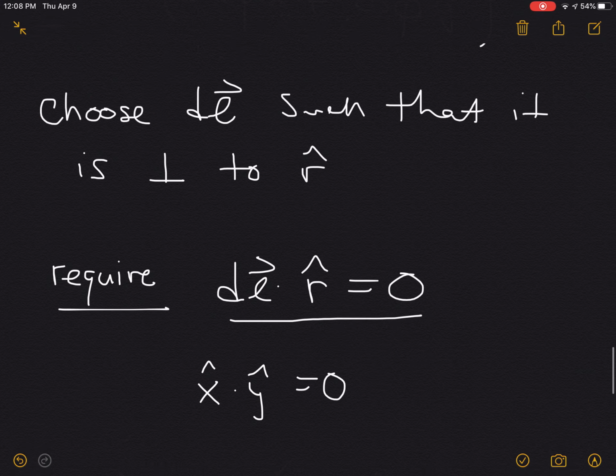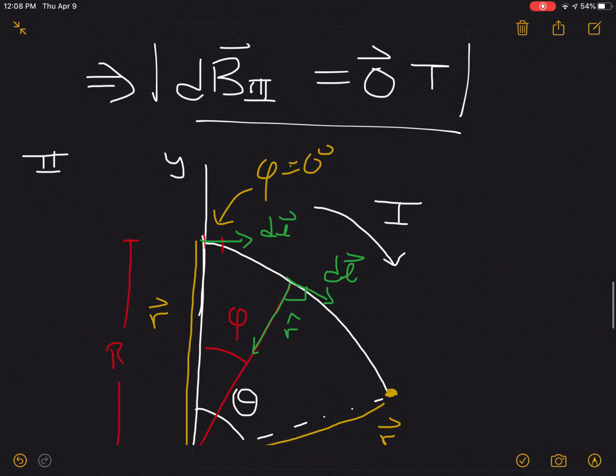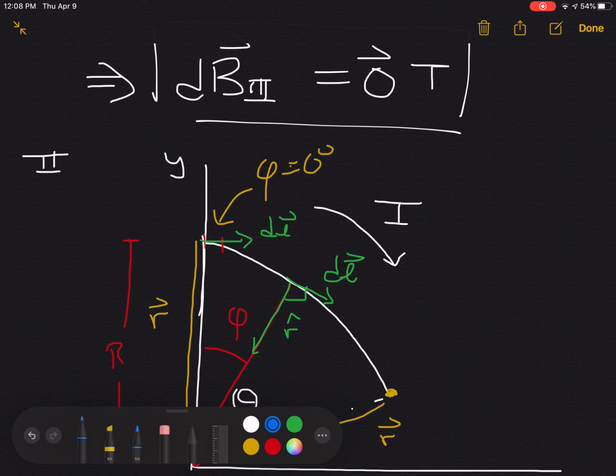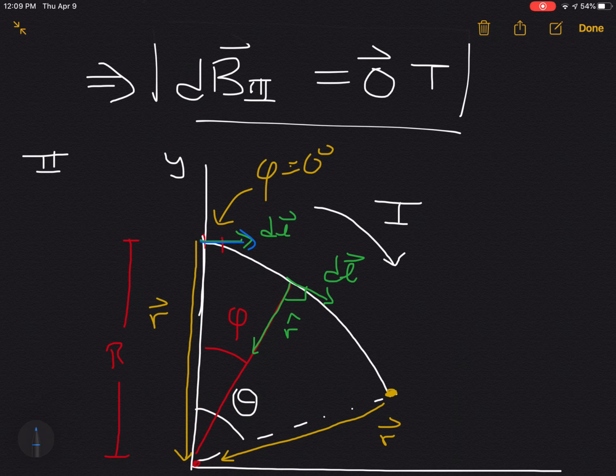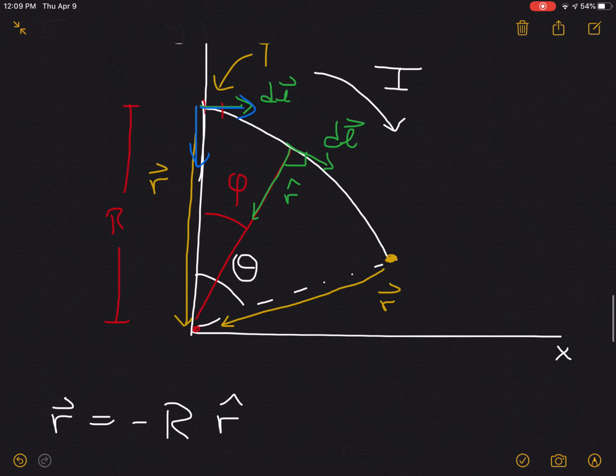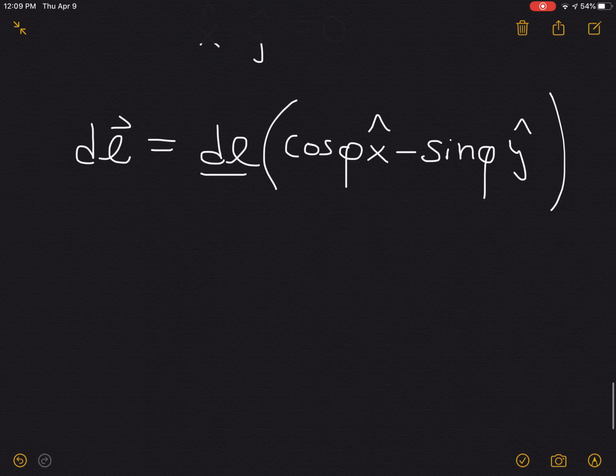Now let's go back and look up at this picture. At the top, we see very clearly that for this to be tangent right here, it's going to have to go to the right, and r hat is going to have to go down. So let's just check that our work makes sense for the situation of phi equals 0.